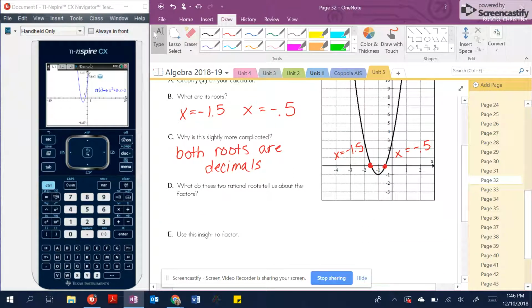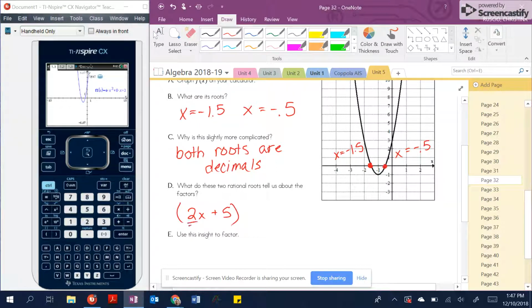What does it tell us about the factors? Whenever we had nice integer roots, we got nice integer factors like x plus 4 or x minus 7. Whenever we had decimals, weren't we getting things like 2x plus 5?